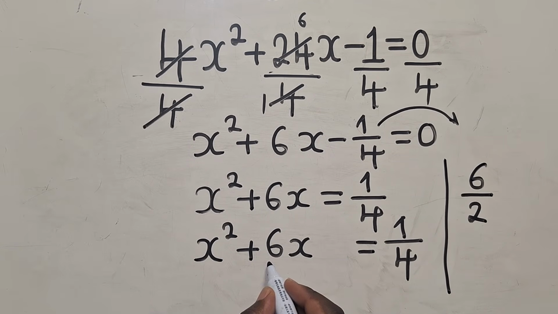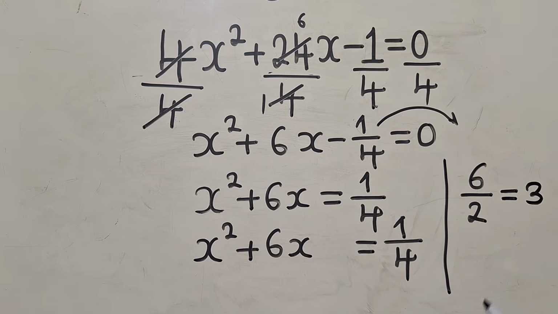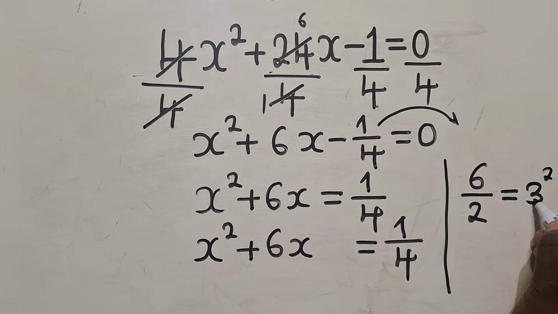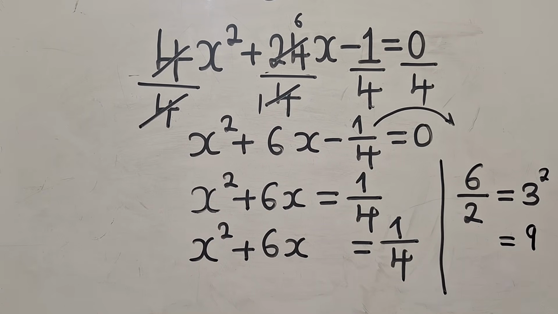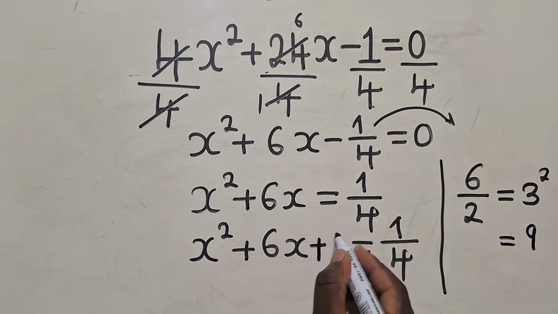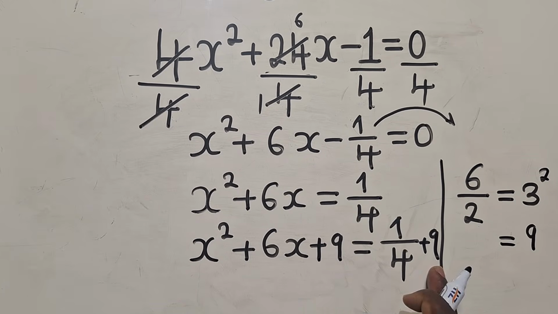So whichever number is here, divided by 2, you're going to get a 3. So now this 3, square it. You say 3 power 2. It will give you what? A 9. You now add a 9 here and this side. So you add 9 to both sides of the equation.